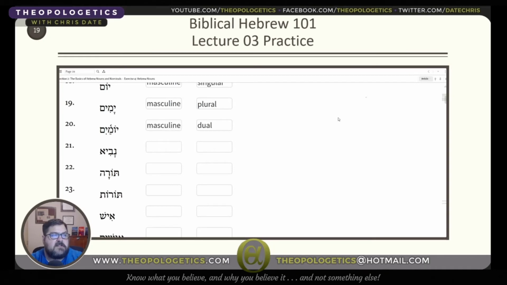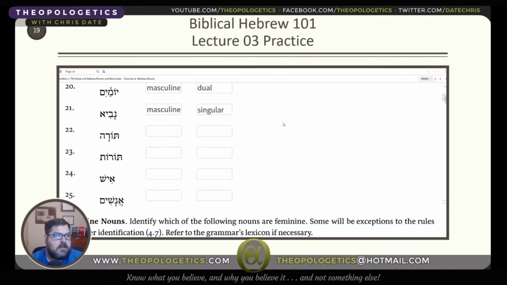So I'm going to suggest that this is masculine dual. Navi, this is in your vocabulary, but more importantly, it has no characteristic distinctive ending. So we could say this is masculine singular, absolute, and the lexical form is navi, meaning prophet.